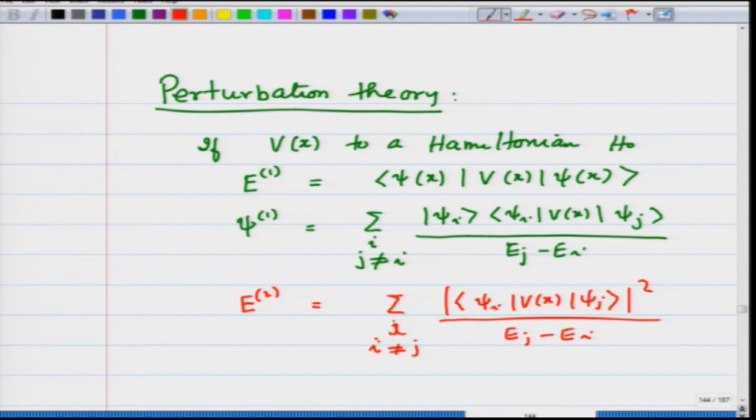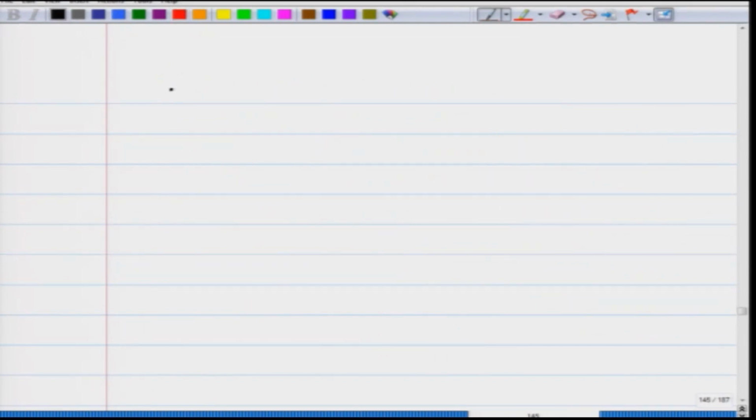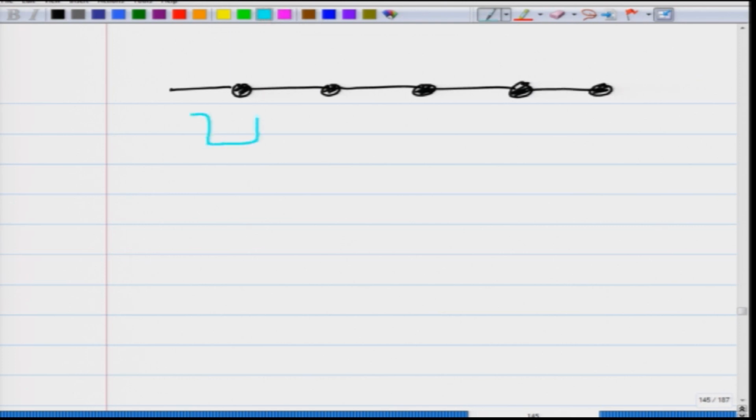Let us see what happens in the case of this crystal. So, in this crystal I have this periodic potential. Now, I am really making it flat, but it does not matter, it is only symbolic.